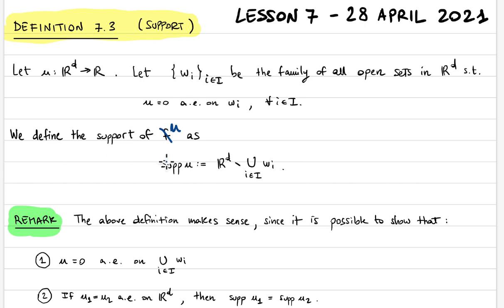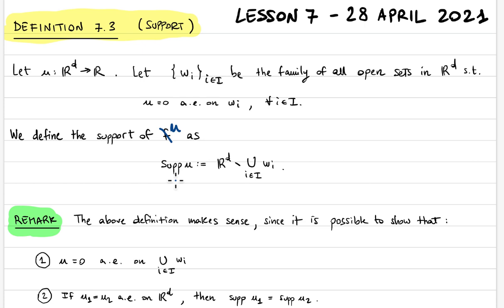We define the support of U as follows: you take the union for i ranging in this set of indices of all the Omega i's, and then you take away this union from R^d, and this is defined as the support of U. So we are just looking at all the sets where U is 0 almost everywhere.